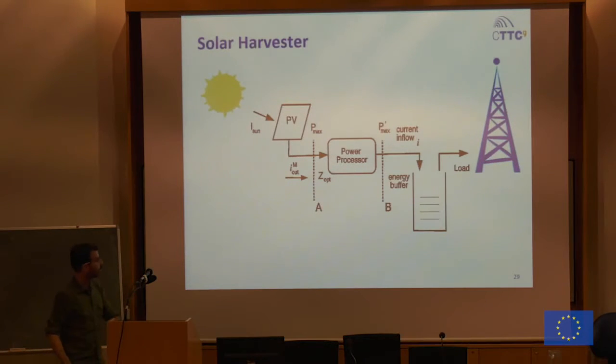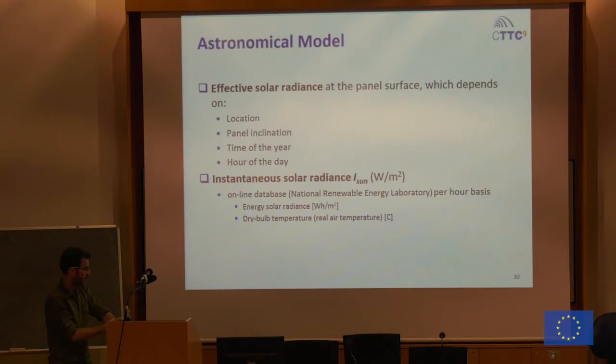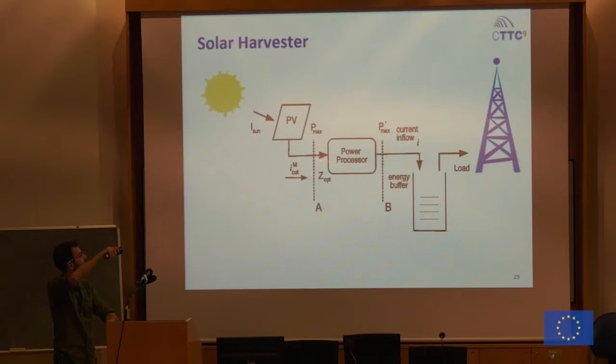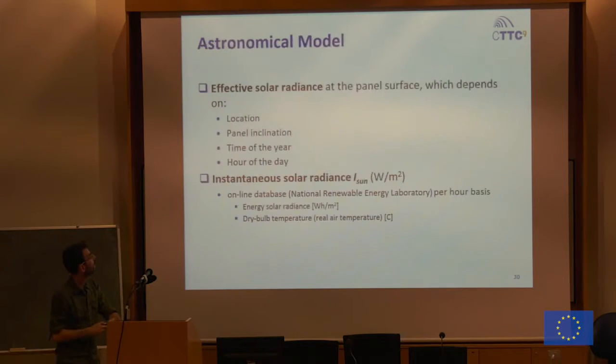So let's try to characterize these different parts of the network of this harvester. So the first part is the photovoltaic panel, and to understand how it works and the current that it is generating for the rest of the system, I have to refer to the astronomical model, because actually the harvester is capturing the solar radiance and is transforming it into current.